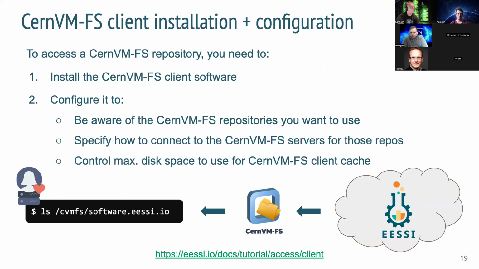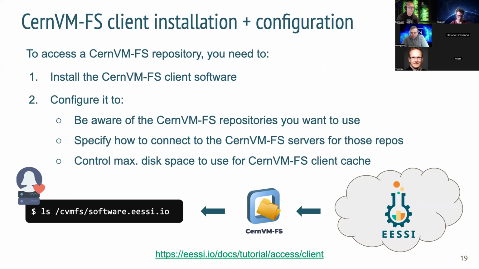To access a CernVM-FS repository, you need to essentially do two things. At least in the recommended setup, you need to install the CernVM-FS client software. That's a small package that you install with Yum or DNF or any of these standard tools. And once that's done, you also need to configure it so it knows about the CernVM-FS repository that you want to use.